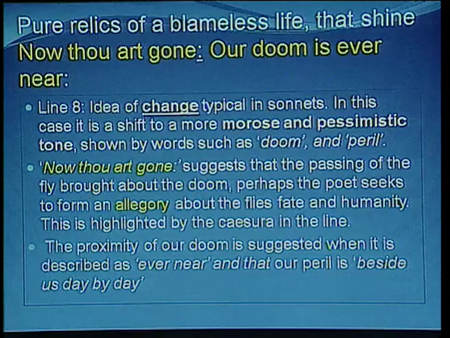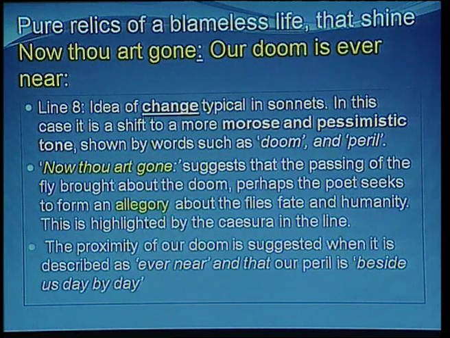There is a movement here to the use of the present tense. "Thou art gone." That is, the fly is not here anymore. The fly is gone. And this reinforces, emphasizes the fact that the fly is not here anymore. "Now thou art gone" suggests that the passing of the fly is something of an allegory about what fate and destiny is.